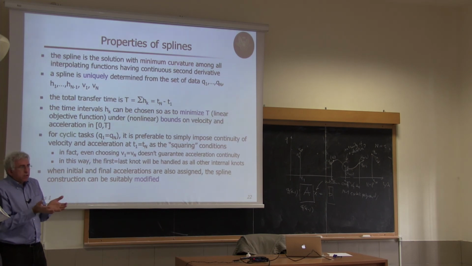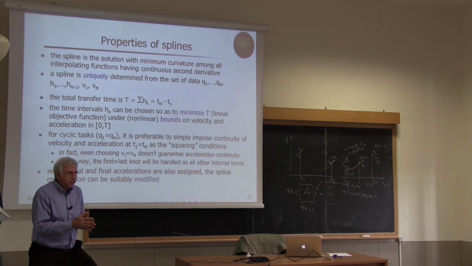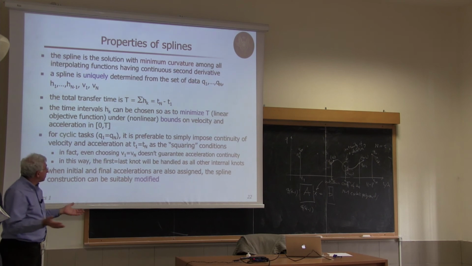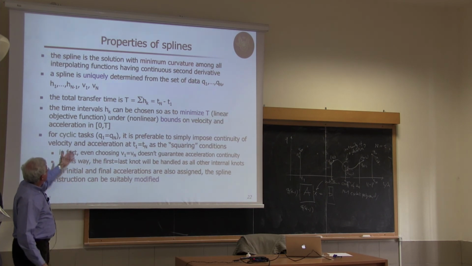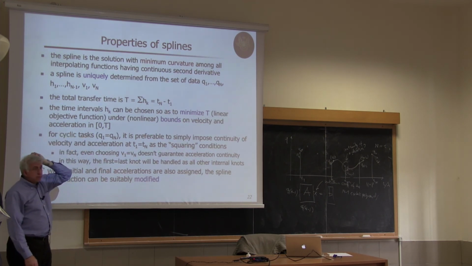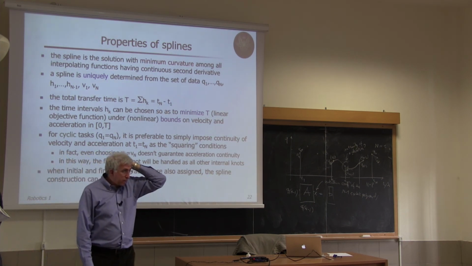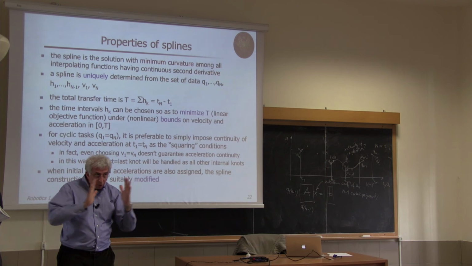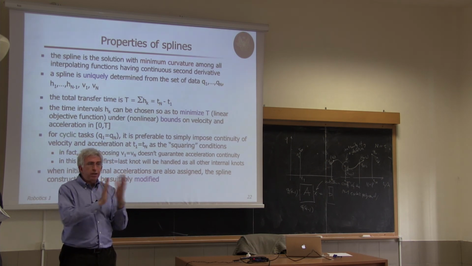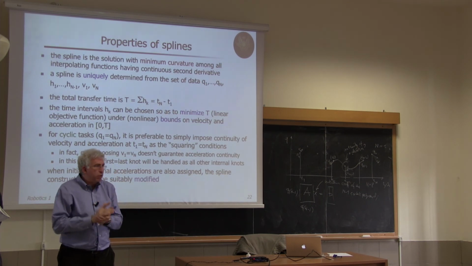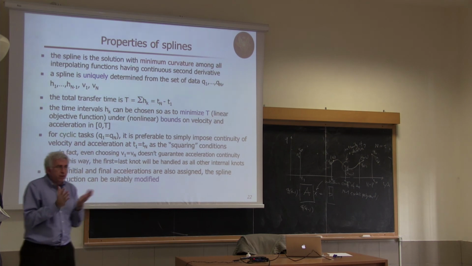But of course, in order for the problem to be significant, you have to impose constraints. And what are these constraints? Typically, maximum bounds on velocity and acceleration. The smaller the time you take for doing point-to-point motion, the more speed you have, and probably the more acceleration. So it's clear that you have a bound.